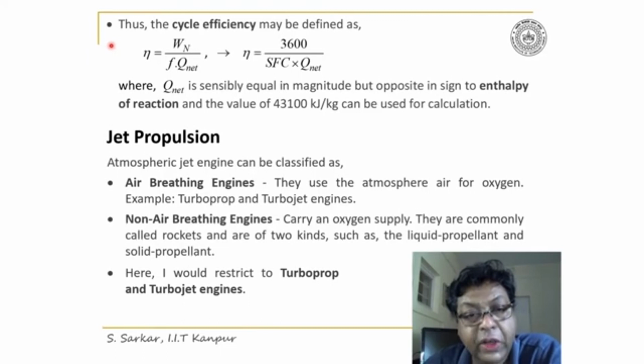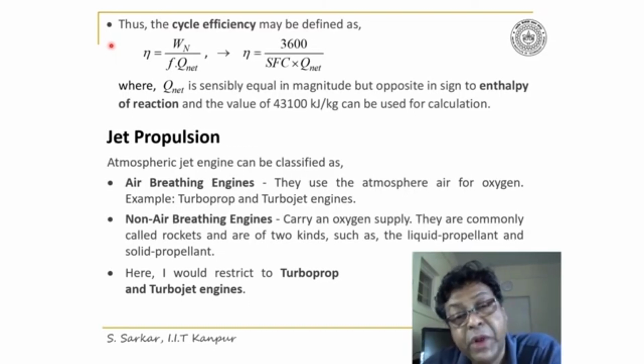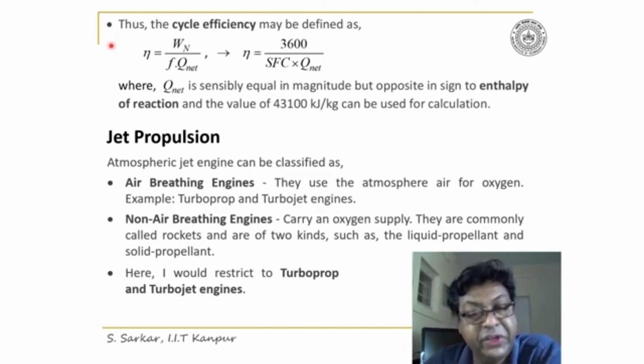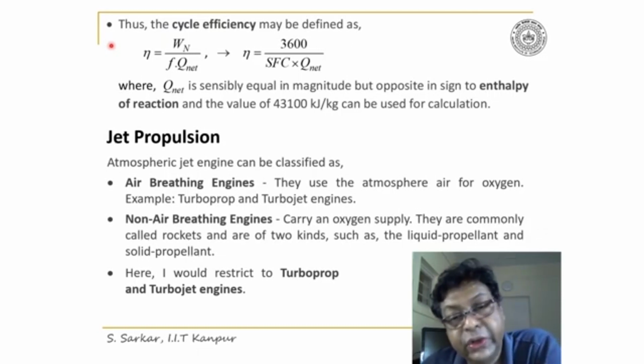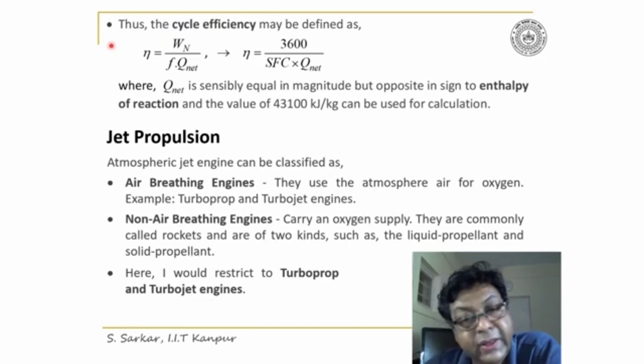The value of Q net is considered here as 43,100 kilojoule per kg. Furthermore, the efficiency can be expressed in terms of specific fuel consumption. Thus, eta equals 3600 divided by SFC into Q net.